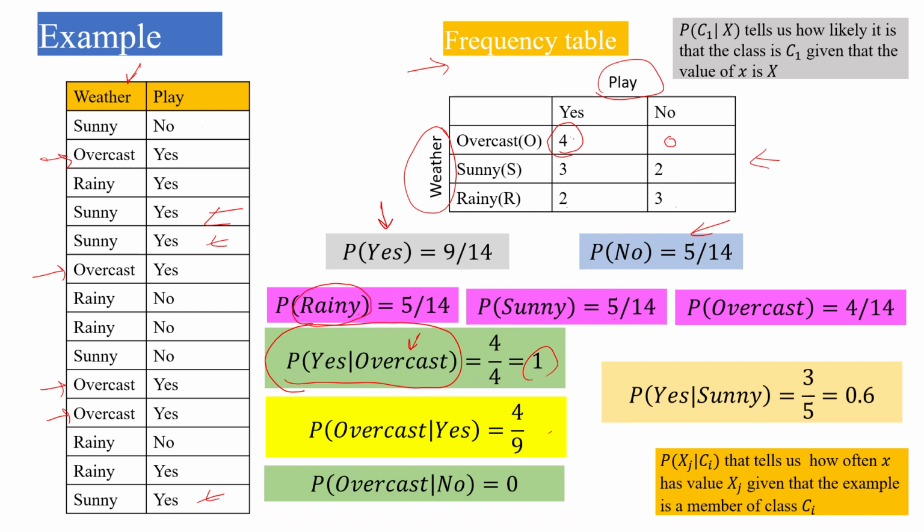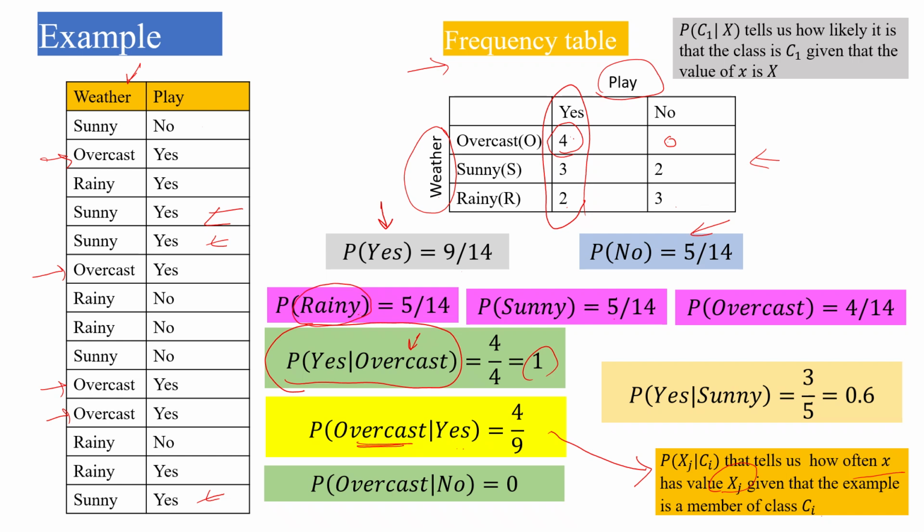Okay, it is this we are trying to find out, that the class is yes and the feature small x has the value capital X, or the feature weather has the value overcast. It tells us how often X takes this value given that the example is a member of class Ci. So the member of class Ci, yes, comes down here along this column. So now we'll see why making this frequency table is of use to us.